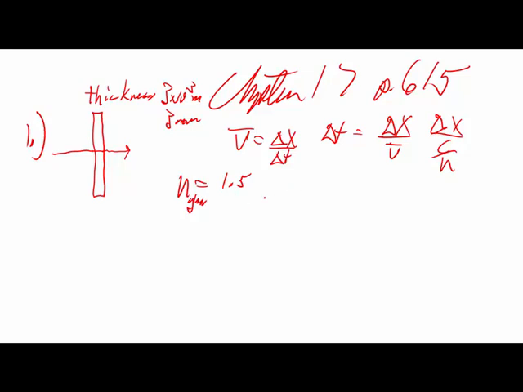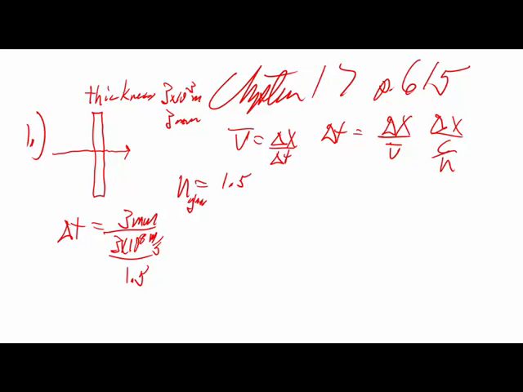And so now let's just plug everything in, okay? So we're going to take the change in time, and it's equal to 3 millimeters, 10 to the negative third, and then take the speed of light, which is 3 times 10 to the 8th meters per second, divided by 1.5.